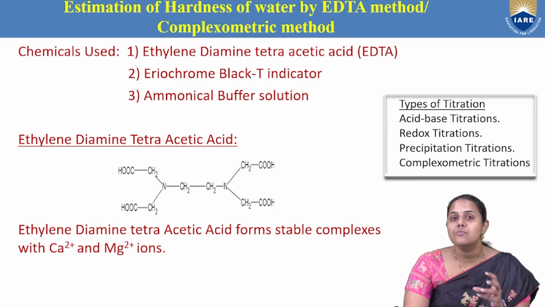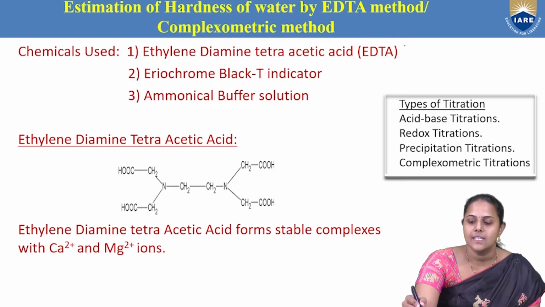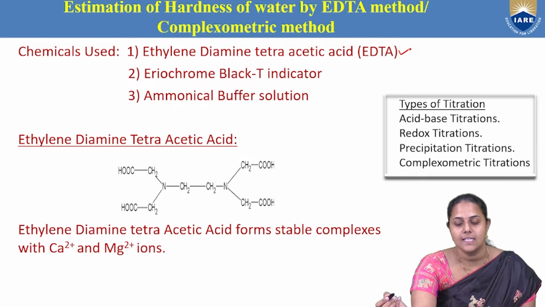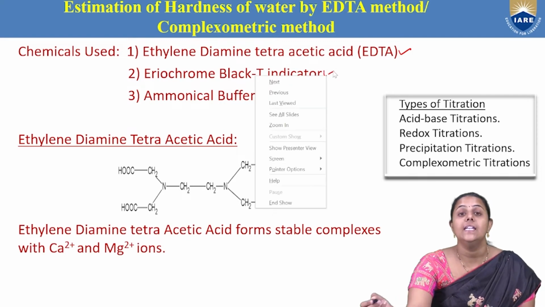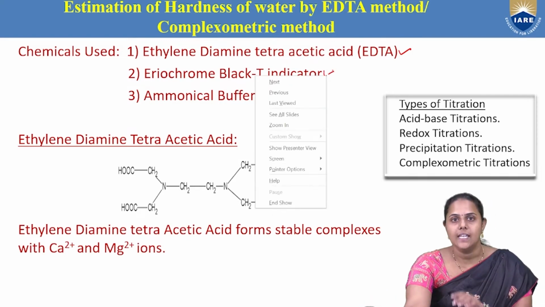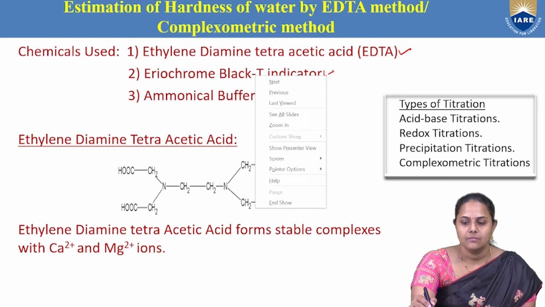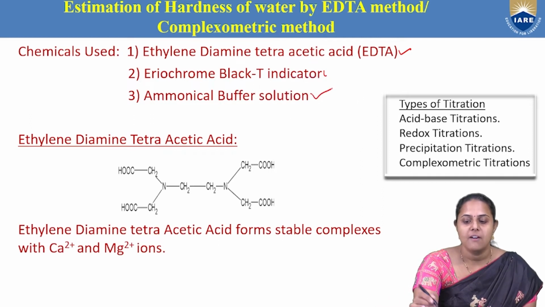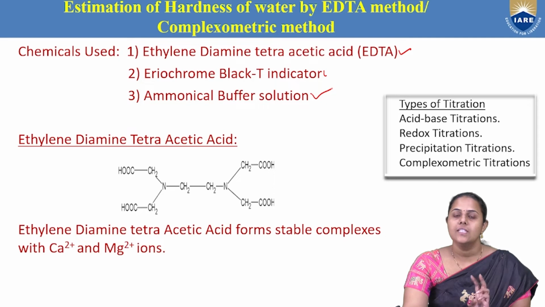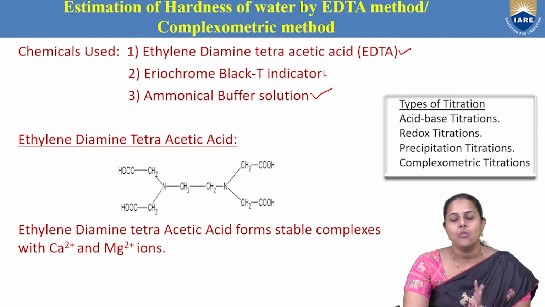But the important reagents that play the key role are EDTA, Eriochrome Black T indicator, and ammonical buffer solution. These are the 3 important reagents used in this titration.